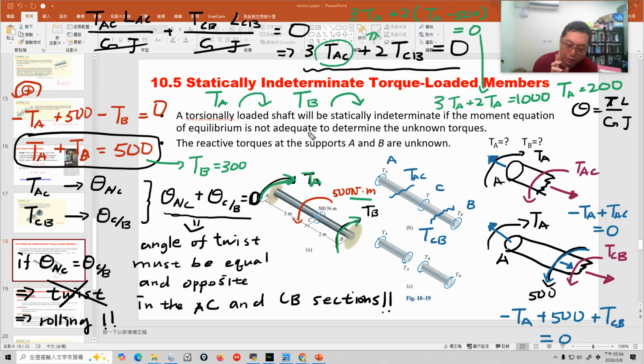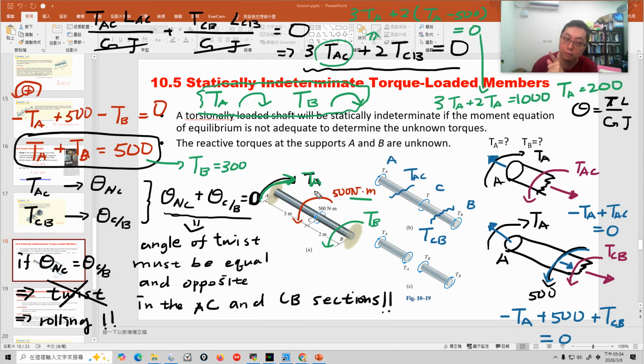You can try yourself: if you initially assume TB rotating the other way, you will also get the same answer. That's why at the beginning I said for the torque at this reaction, you can assume any direction you want.